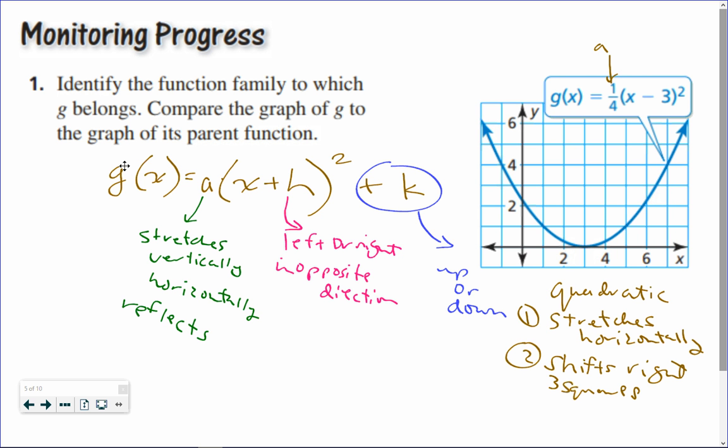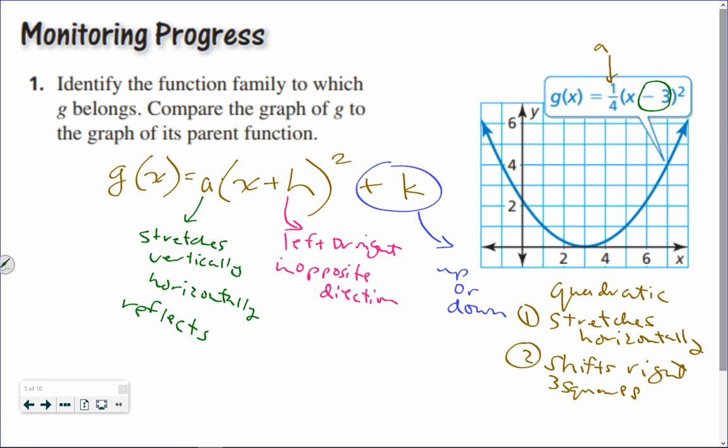What are you confused about? Where's the H? Okay, the H is right there.